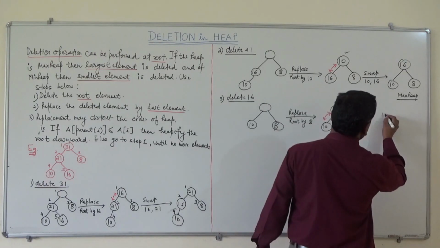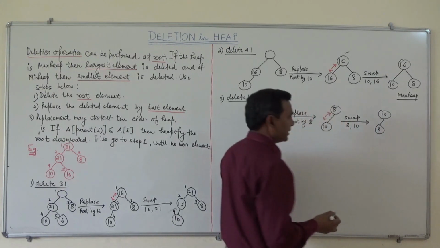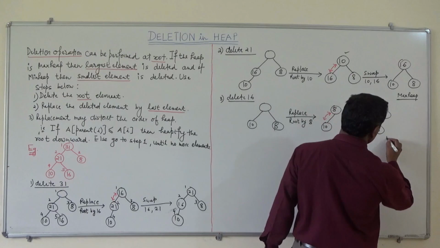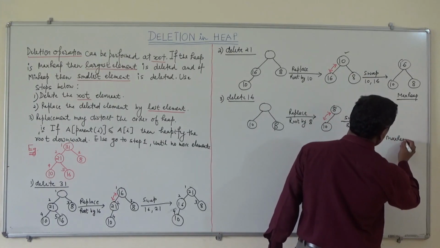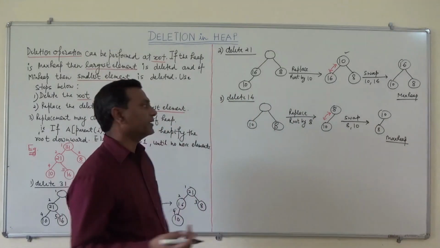It comes out to be 10, like this, 8. So now it is Maxheap. Now we delete 10.